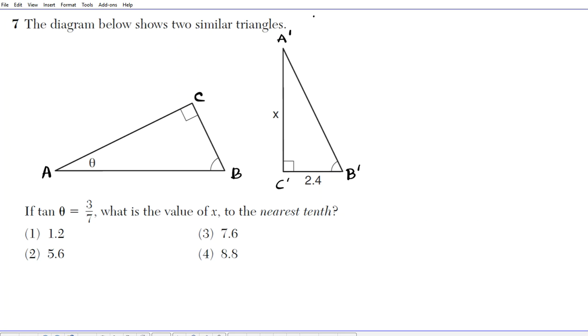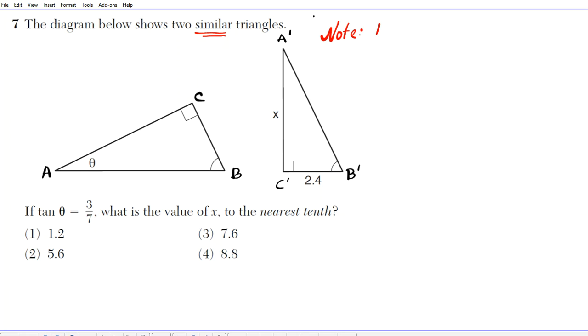When you see the word similar, similarity between triangles, what comes to mind? Well, we're looking at angles here. If two triangles are similar, corresponding sides are in proportion, and corresponding angles are congruent. Let's note that point down real quick.